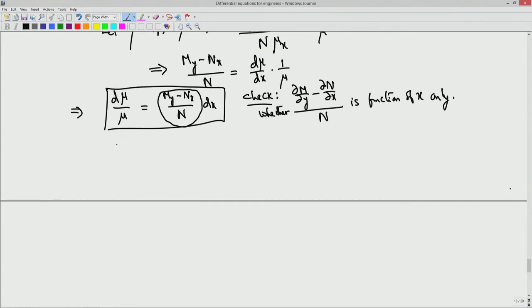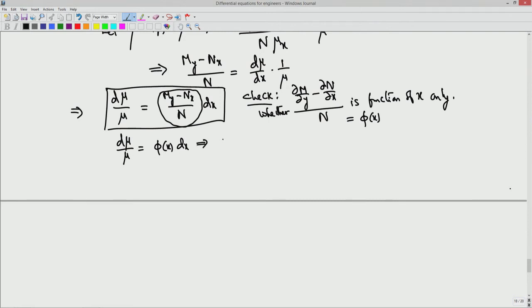How do I integrate this? d mu by mu equal to a function of x, which we call phi of x, so this becomes phi(x) dx. This is simply separation of variables.